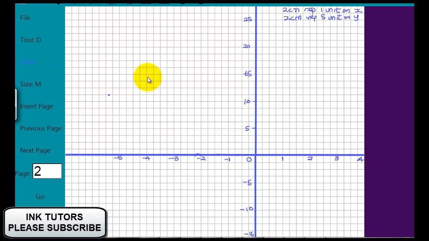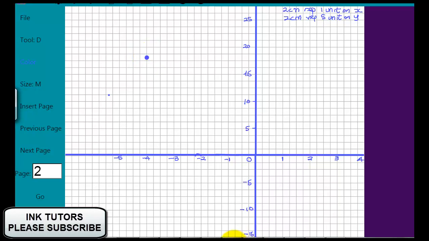So when x is minus 4, y is 18. This is minus 4, this is 15. Now this should be 17.5, which is the middle. So 18 is going to be somewhere around here. I'll put my dot here. That will be where 18 is going to be.